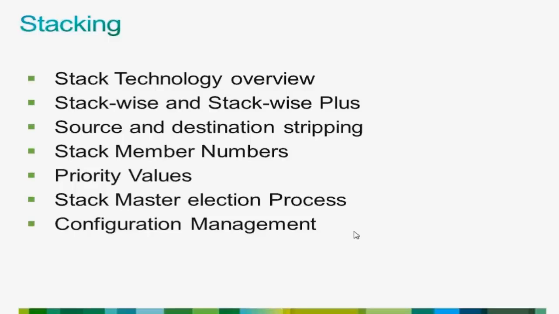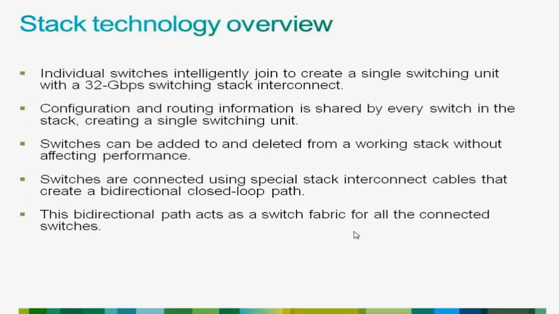So what do we call a stack? There is a capability that we can connect up to 9 switches, okay, and not all switches can form a stack. There is a very specific set of switches that can form a stack, namely 3750, 3750X and 3750E. Any flavor of 3750, or most of the flavors of 3750, should support stack.